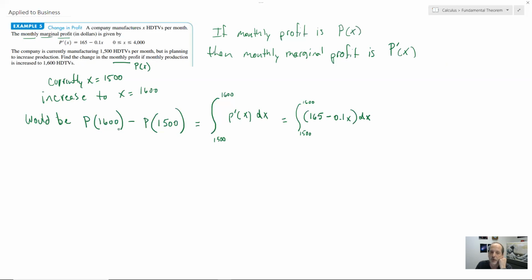Okay, so since we have the actual P prime of x, we can figure out what the P of x that we need is.